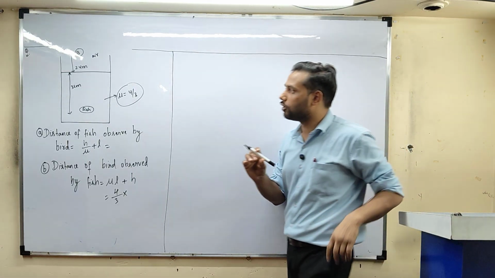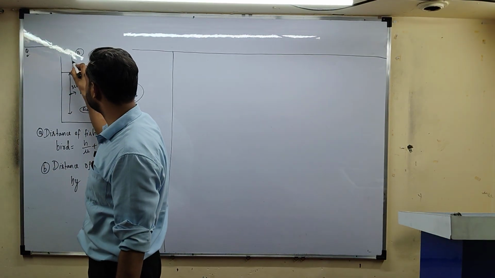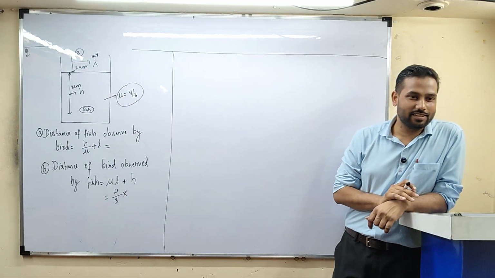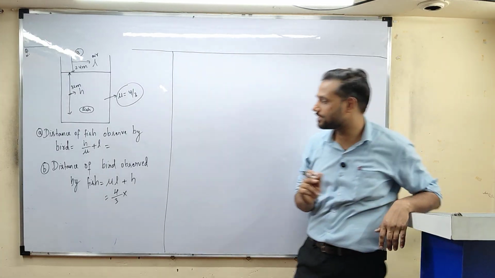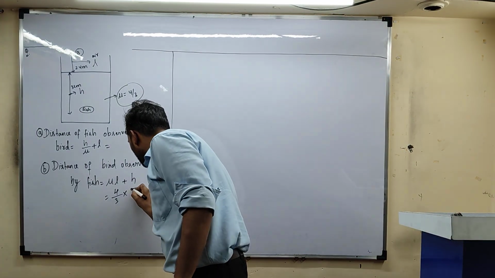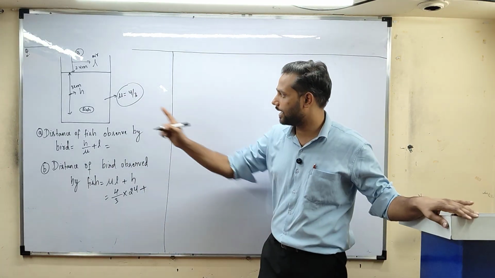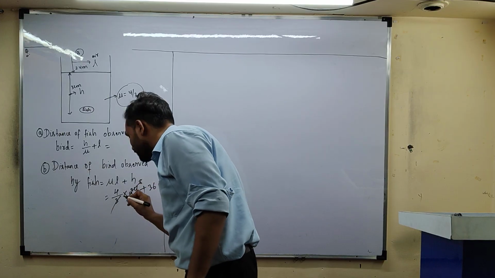When we derived the formula, we took this measurement as h and this particular one as L. Yes or no? During the derivation, we have done that. So here L is what? 24 plus h. What is h? h is 36. 8 times it will go.